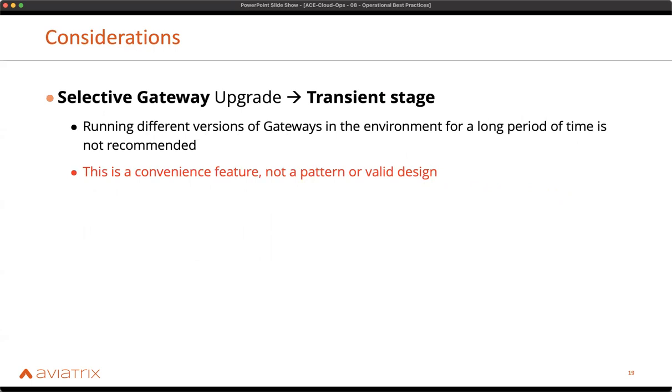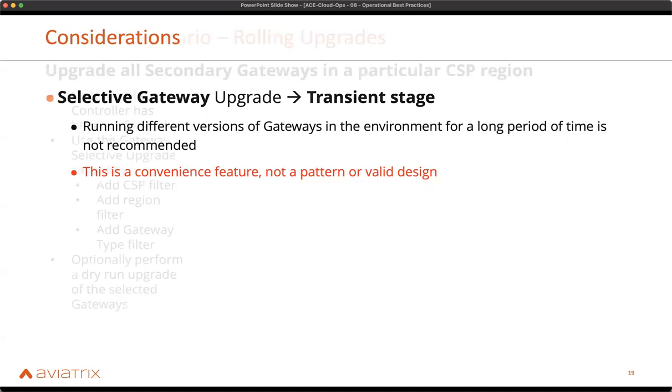If you have two spokes in each VPC, then maybe you want to upgrade one of the spokes and then do the other one. So it is a convenience feature. It's not really meant to be running for 6 months or a period of time where you have two different versions. This is not a recommendation. However, this is meant to give customers flexibility in how they perform their upgrades.